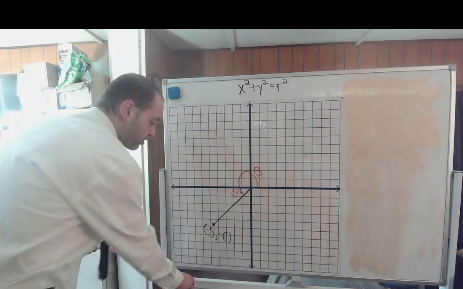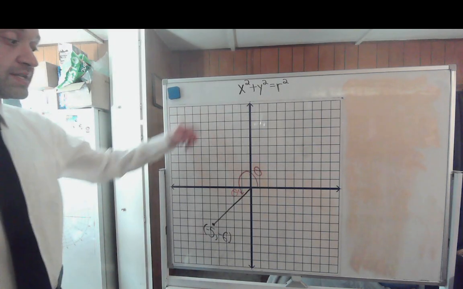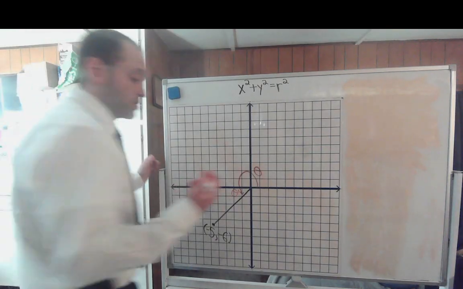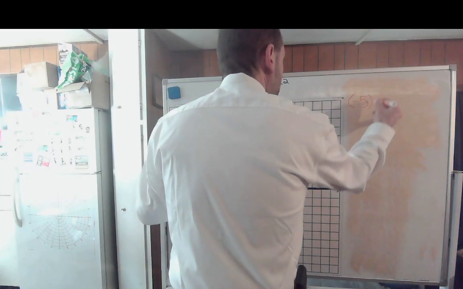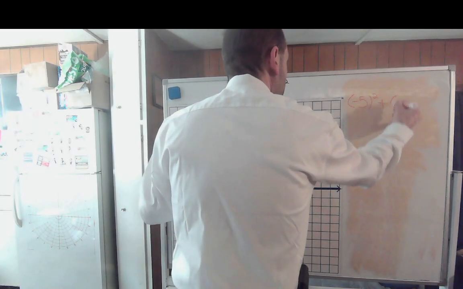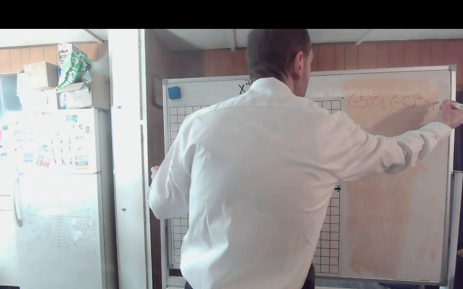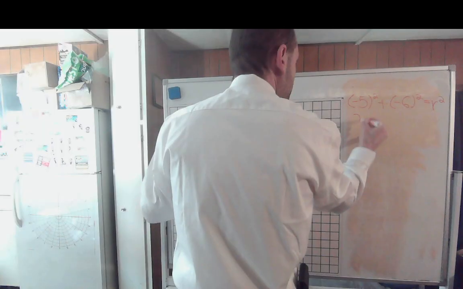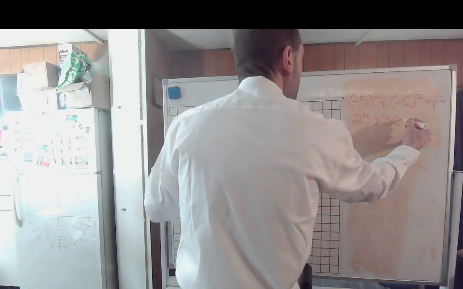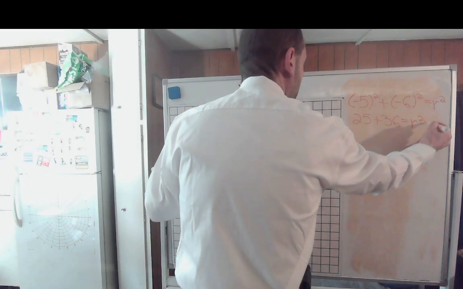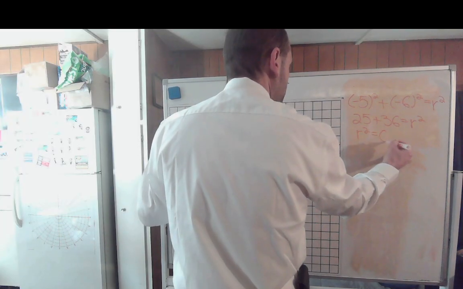Well, the next order of business is to find your radius. So you're going to take that negative 5 to the second power plus that negative 6 raised to the second power, set that equal to r squared. That's going to give you 25 plus 36 equals r squared, which means r squared equals 61.